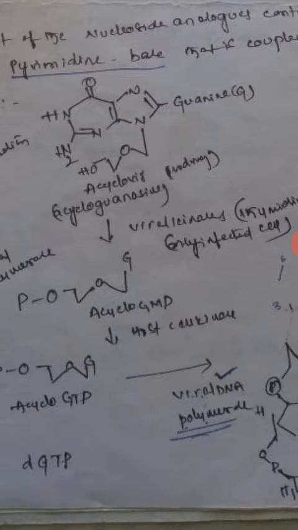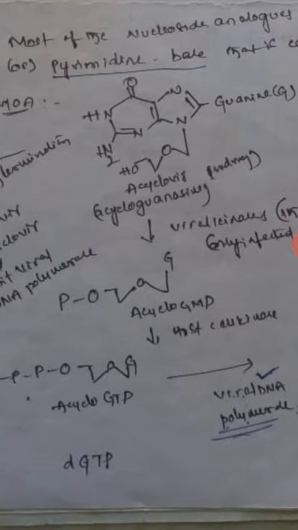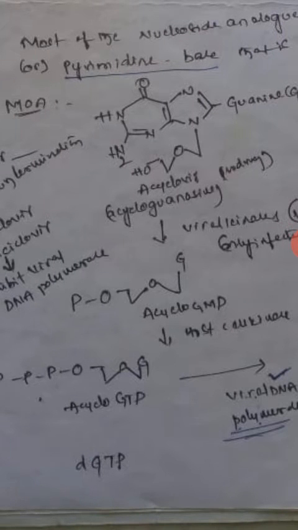Again I will repeat. Aciclovir is converted into aciclovir monophosphate in the presence of a viral specific enzyme. Later, subsequent phosphorylation is done by host cell kinase, and lastly it is converted into the active form, called aciclovir triphosphate.